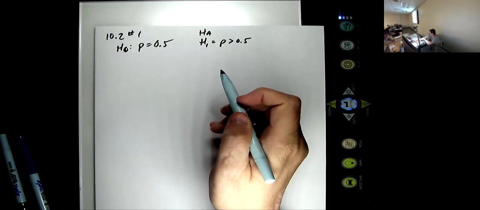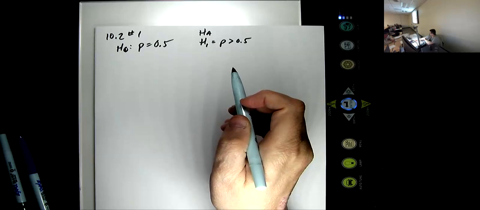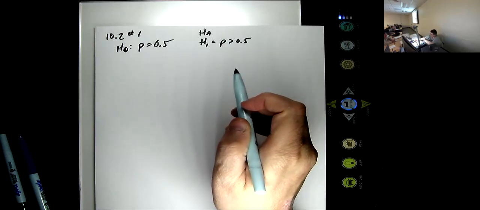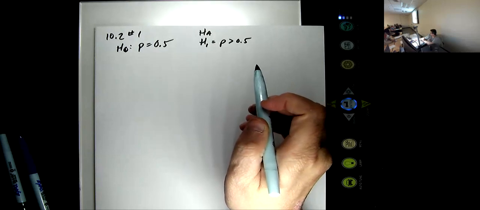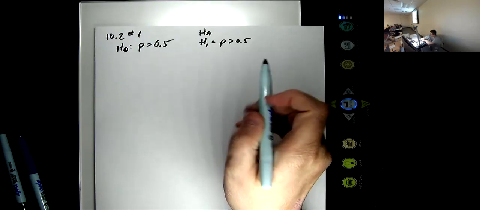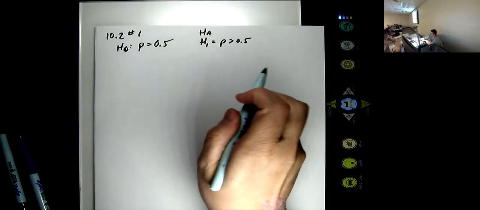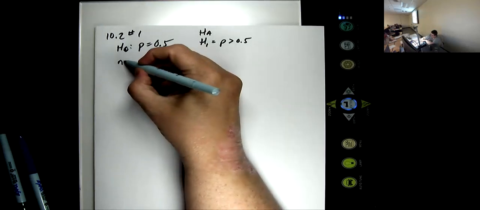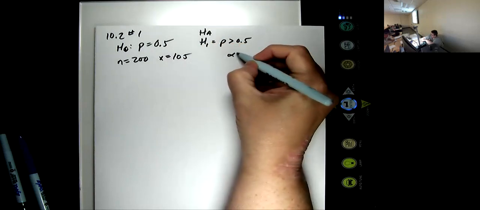I think the O is really supposed to be a 0, but that's confusing. They should call it HN and HA, like null hypothesis and alternate hypothesis, because those are their names. They use weird subscripts that don't apply. H naught is universal. That's the null. And they gave us n equals 200, x equals 105, and alpha equals 0.05.